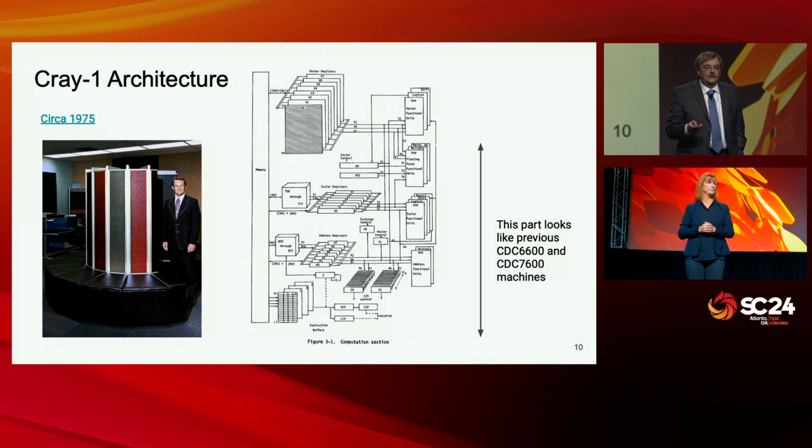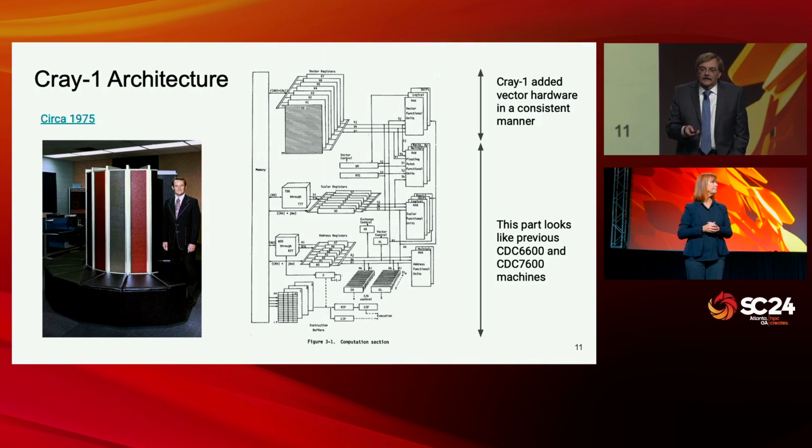And then the compiler folks can spend their effort on using the vector machine, but you can get the machine up and running and debug a lot of it very quickly that way. So when it came time to add the vector, the vector hardware was added in a consistent manner. So we wanted to follow that kind of a model.